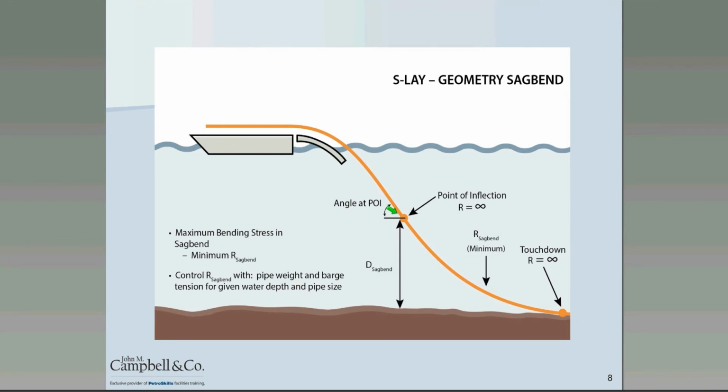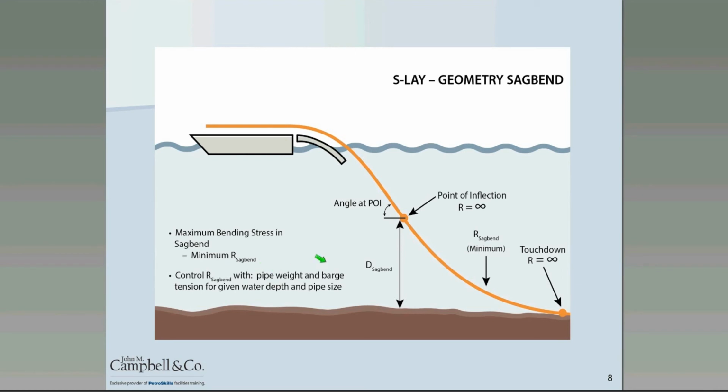All right. Now, some summary points. Maximum bending stresses in the sag bend will be at the point where we have the minimum radius of curvature. Controlling those stresses means we need to control the radius of curvature, and we do that by controlling the pipe weight and the barge tension.